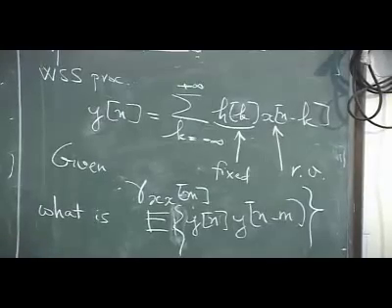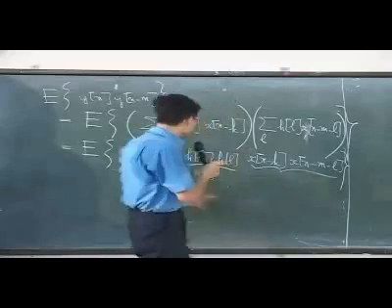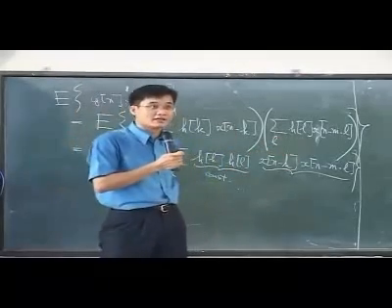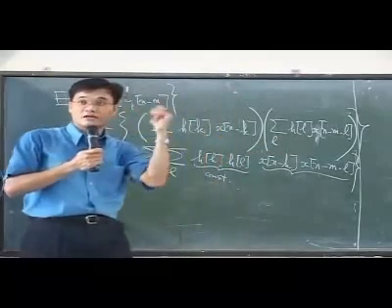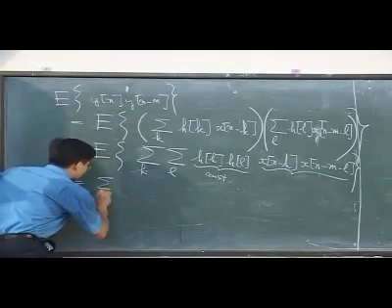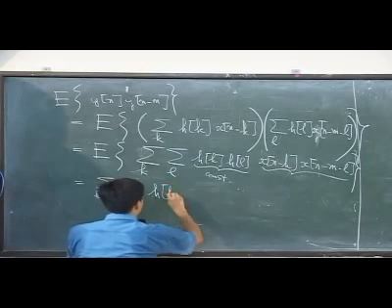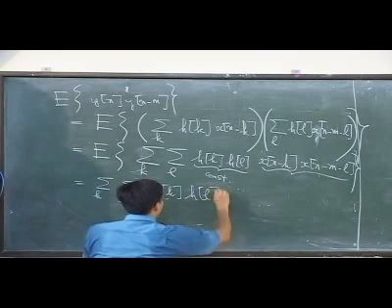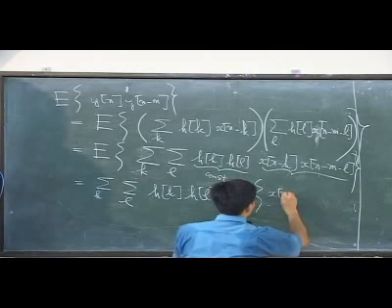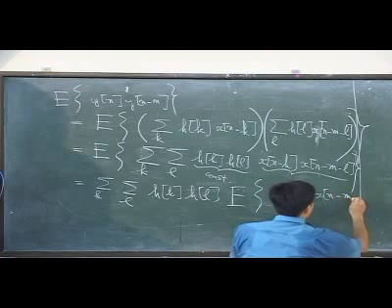This is fixed, this thing is a constant. So the expectation is the sum; we sum the expectation of those linear combinations. I told you earlier about this linear property of expectation. So I can write down the summation in k, summation in l of h[k] h[l], taking the expectation of x[n minus k] x[n minus l].